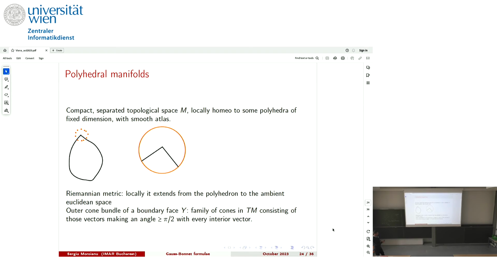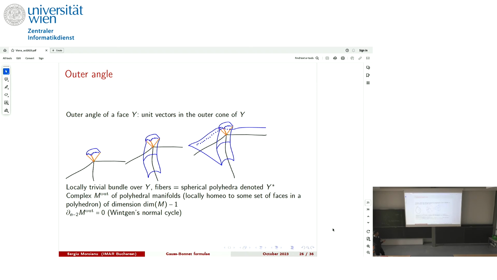There is a notion of Riemannian metric, and there is a notion of outer cones for a polyhedral manifold that, again, I try to draw. The outer cones is like what escapes from all faces. And these outer cones glue nicely, and they make a complex over your manifold.